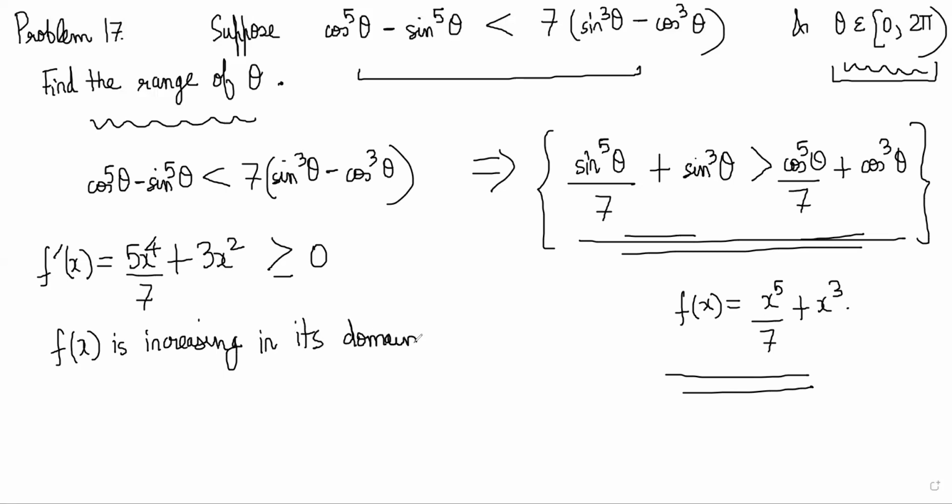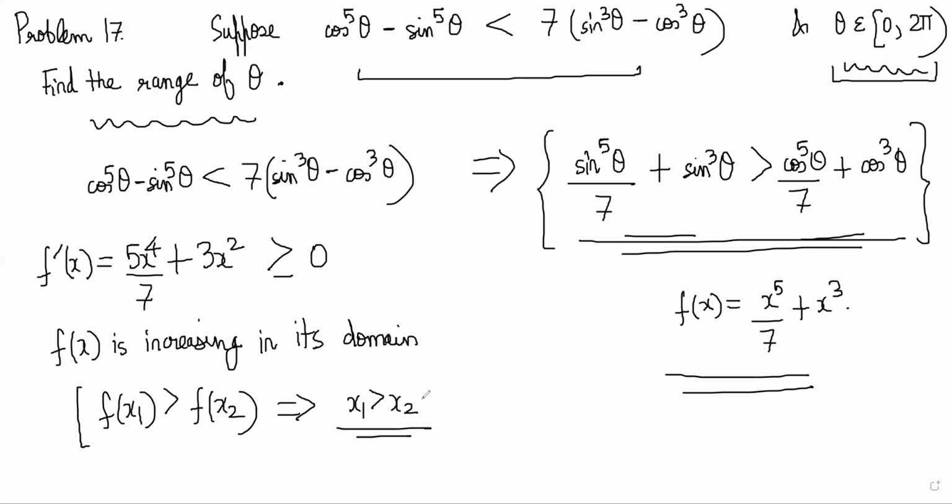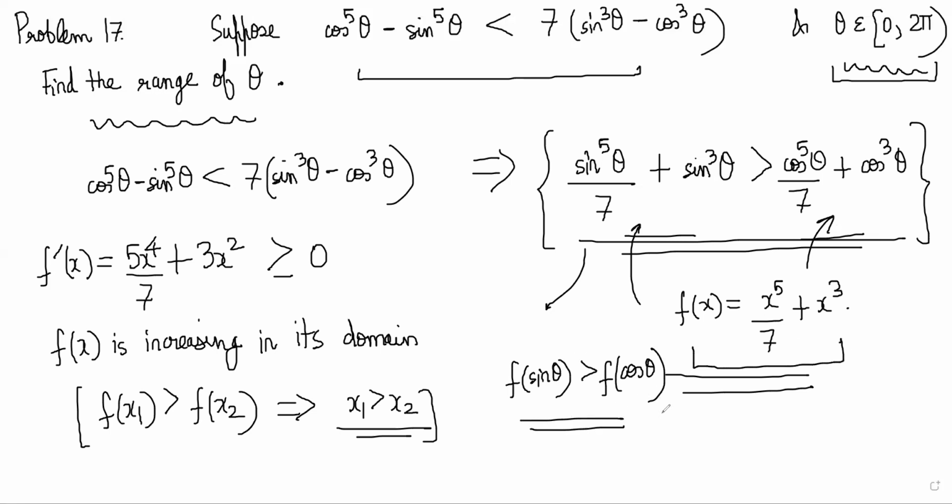So if f of x is increasing, then we know that f of x1 is greater than f of x2 if and only if x1 is greater than x2. And how do I connect it to a trigonometry problem? I will say that this side here is f of sine theta, and we are saying f of sine theta is greater than f of cos theta, and that will happen only if sine theta is greater than cos theta.